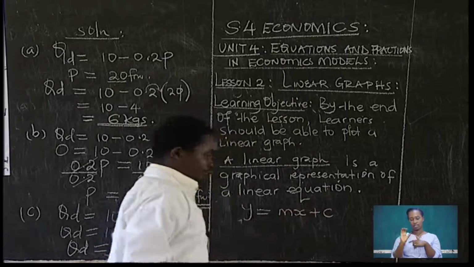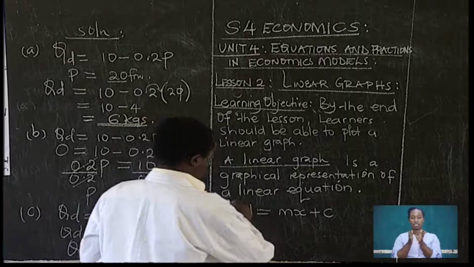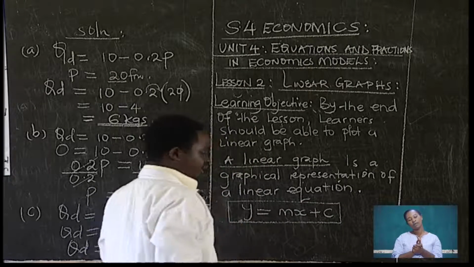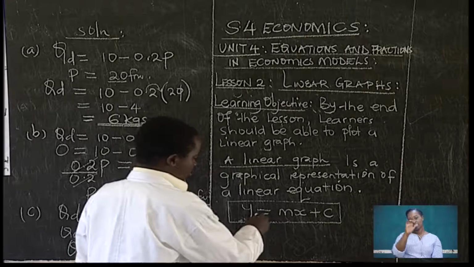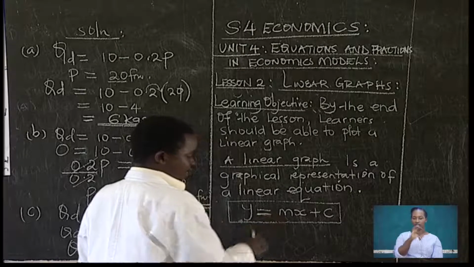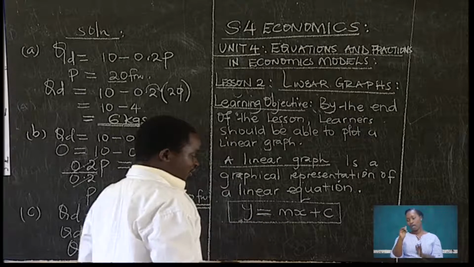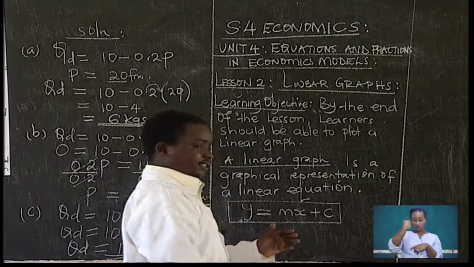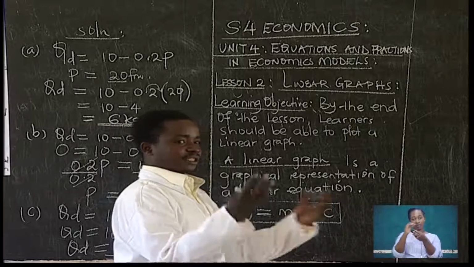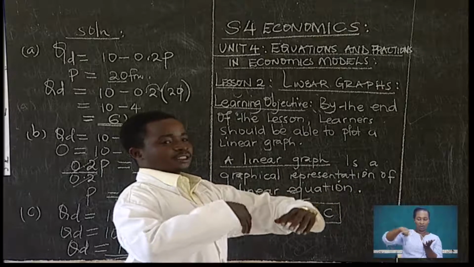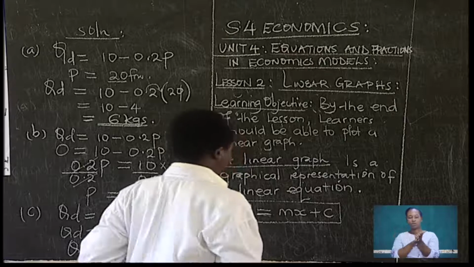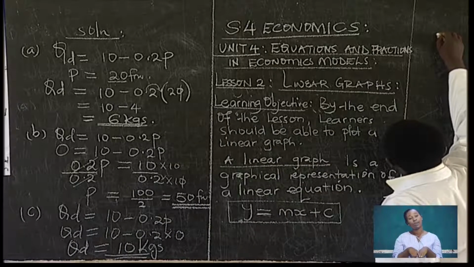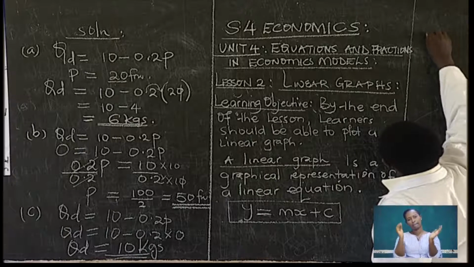This is the general form of a linear equation, y equals mx plus c. In this case, we are trying to look at the economic variables: price, quantity demanded, income, and the consumption expenditure.